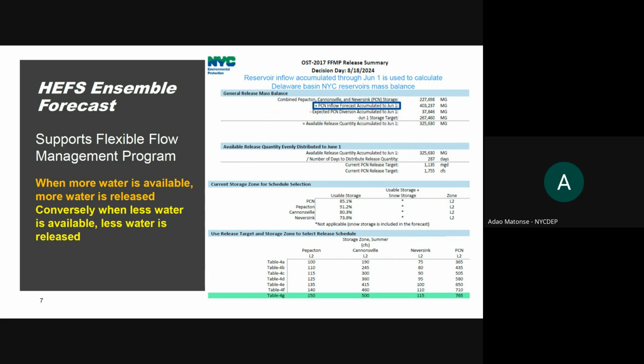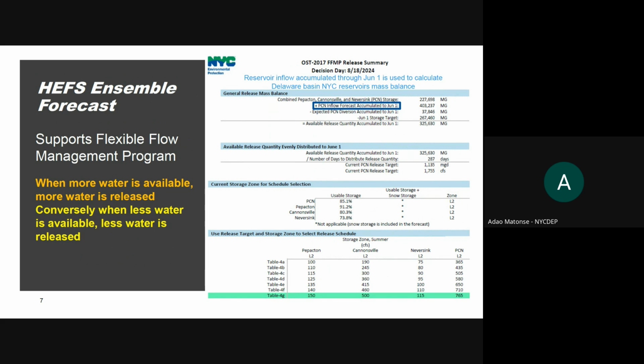Using HEFS inflow, we accumulate inflows through June 1st and use that to calculate the Delaware Basin New York City reservoirs mass balance, which results in the available release quantity accumulated through June 1st.